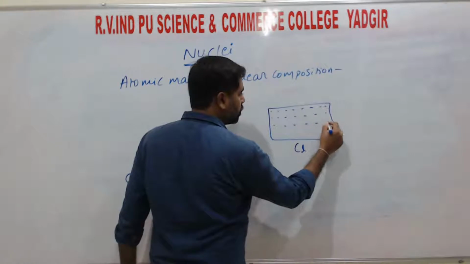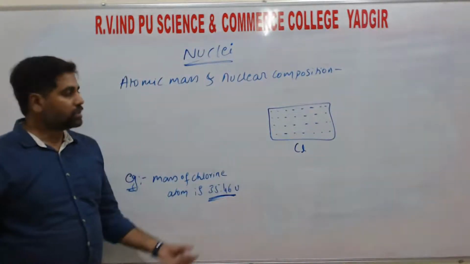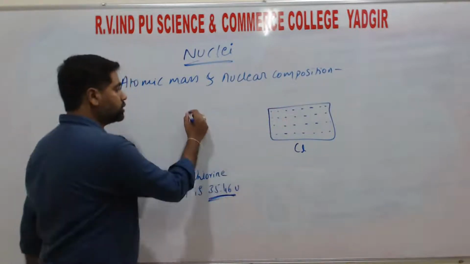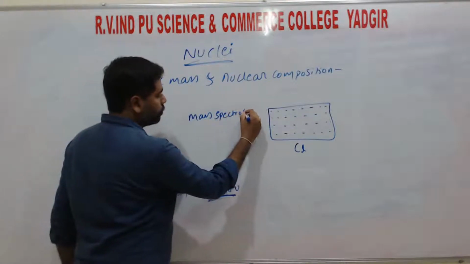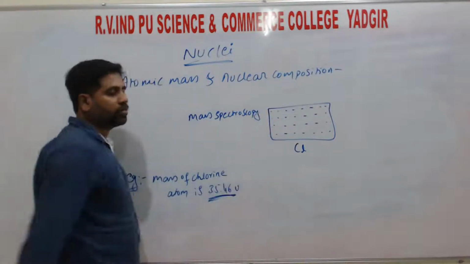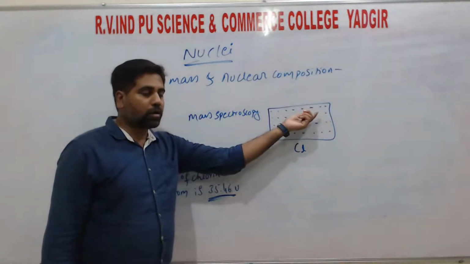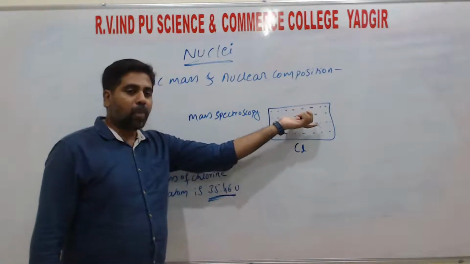These are the chlorine atoms and this is the chlorine element. If we measure these chlorine atoms by using mass spectroscopy, these atoms have different masses, right?